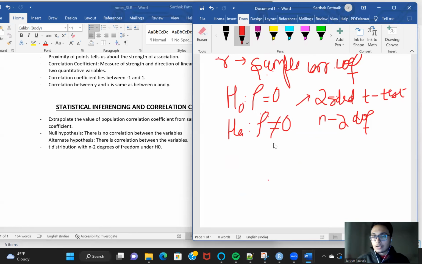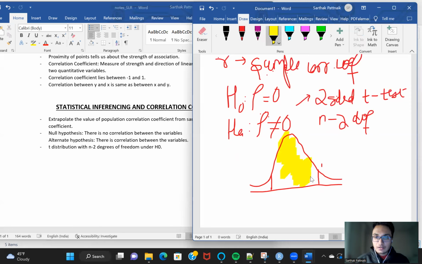So now we will start solving this particular problem. This is a t-test. Then we know for a double-sided t-test, this is going to be my significance level.